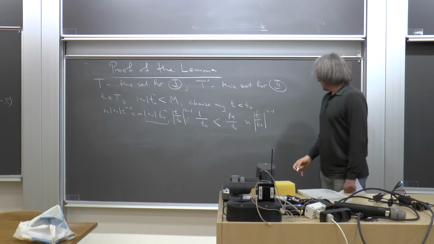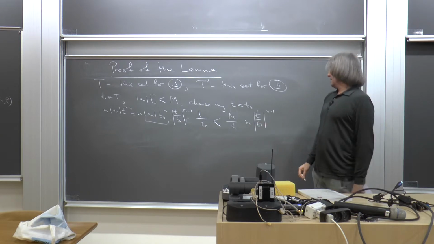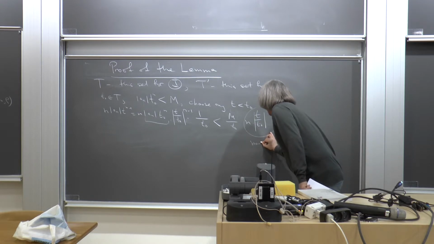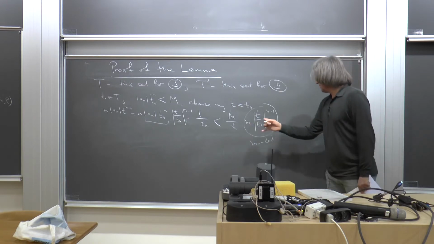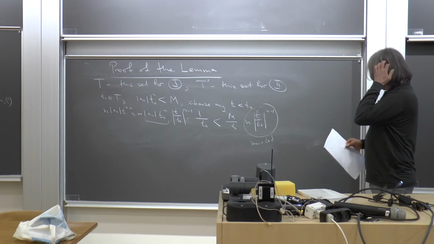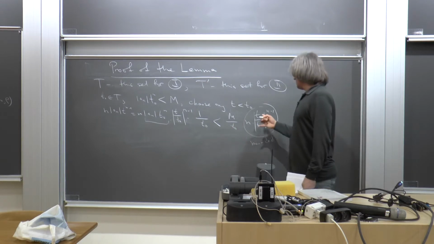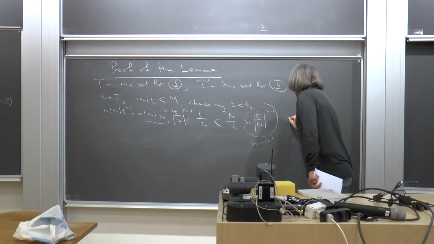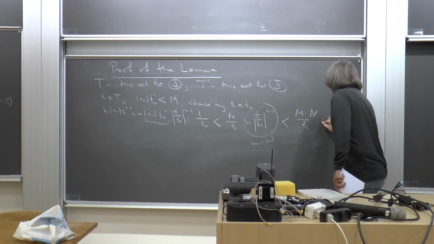Now, this sequence converges to 0, so this one is bounded as well, because the limit is 0. So this is an estimate. This one is bounded, so it has its own upper bound. So this is less than M times a bound over t node.